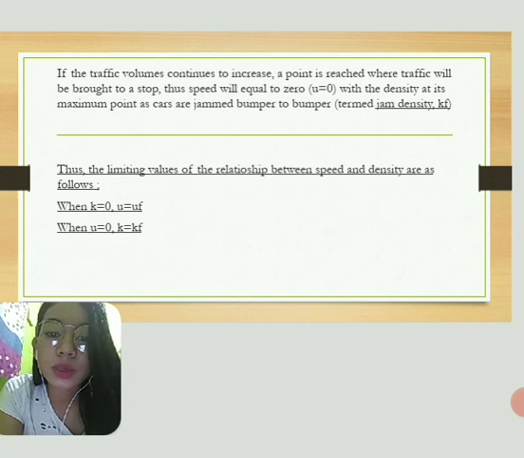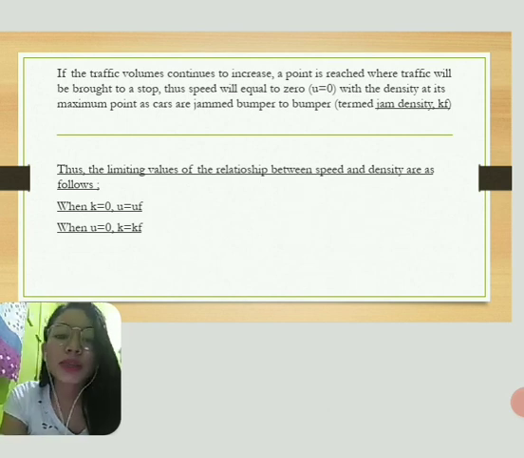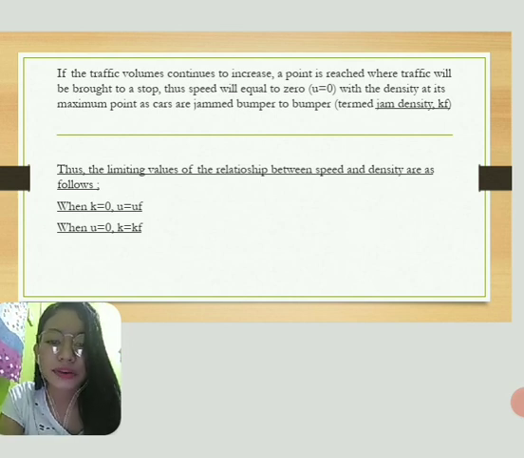The speed will be equal to zero, or U equals zero, with the density at its maximum point as cars are bumper to bumper, termed the jam density, represented as Kj or Kf.